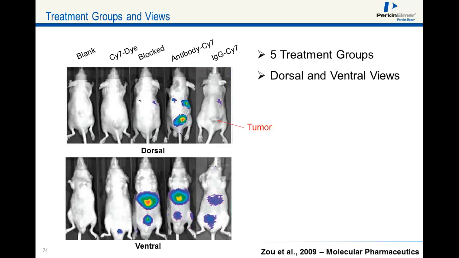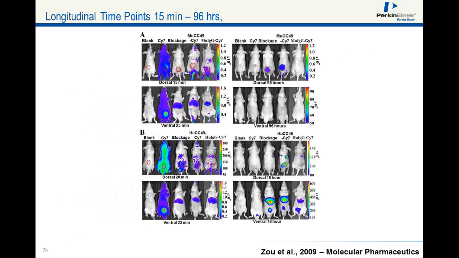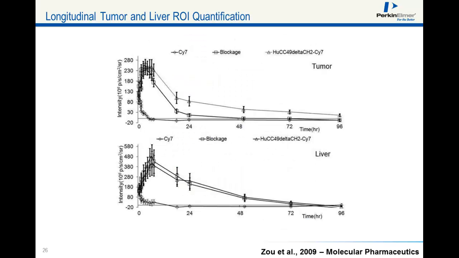In 2D settings, both dorsal and ventral images are taken. This data is from the group of Dr. Zhu et al., published in Molecular Pharmaceutics. The same mice are imaged longitudinally at various time points up to 96 hours. Regions of interest in the tumor and liver or kidneys are quantified and data is plotted over time.